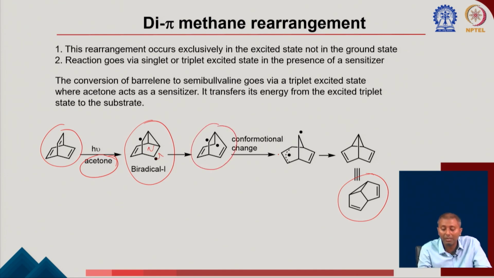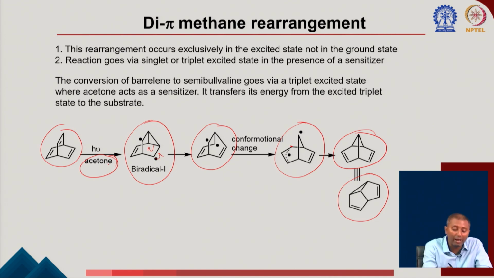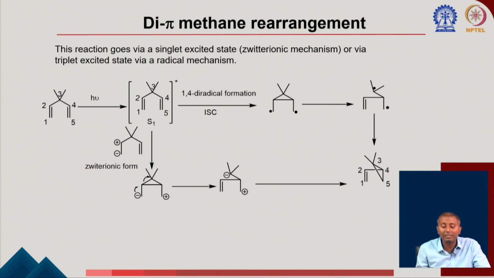Then a conformational change happens, and a radical forms in the next stage. There is a radical recombination, because it forms a double bond and a radical that can recombine to form this product. An important thing to remember is that you need to use acetone for this reaction. If you do not use acetone, it is not going to form this product; it is going to form something else.